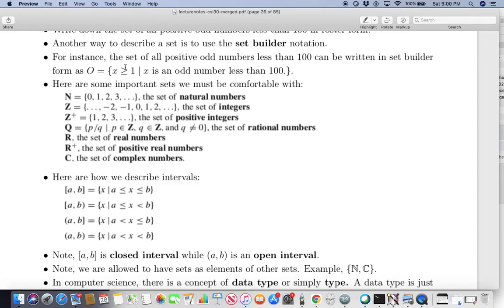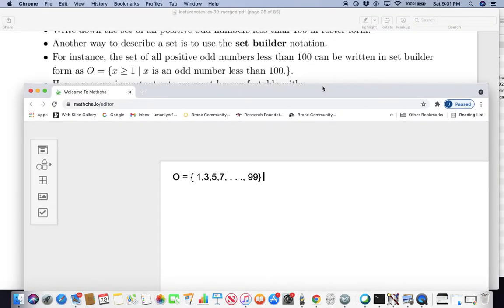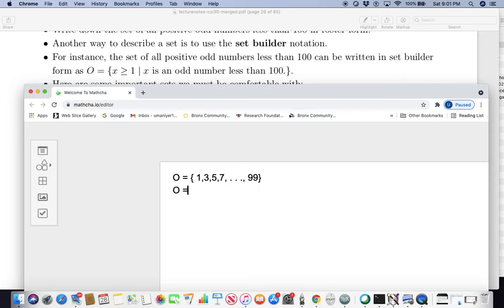So you see, x ≥ 1 ensures my numbers are positive, and then here is the condition, x is an odd number less than 100. Another way of writing the same set in set builder notation would be O is the set of all those members x such that x is a positive odd number less than 100. You could simply state the entire condition here.